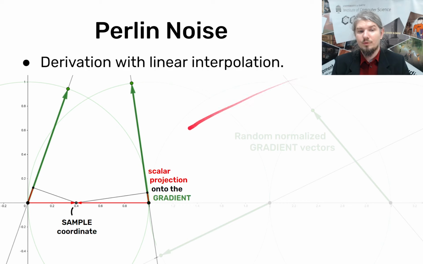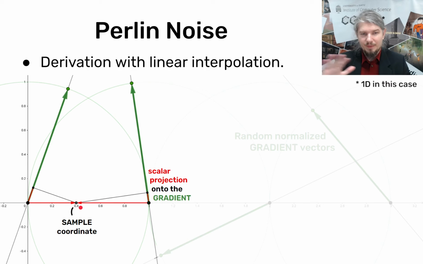So let's see what we do with these random gradients to get the actual noise values. We have a sample coordinate. We're sampling our, let's say, 2D space from some specific coordinate, and it lies between two of those random gradients. So we're going to need two vectors. One vector is the location vector from one of these gradients to our location, and another is from the other gradient to this location.